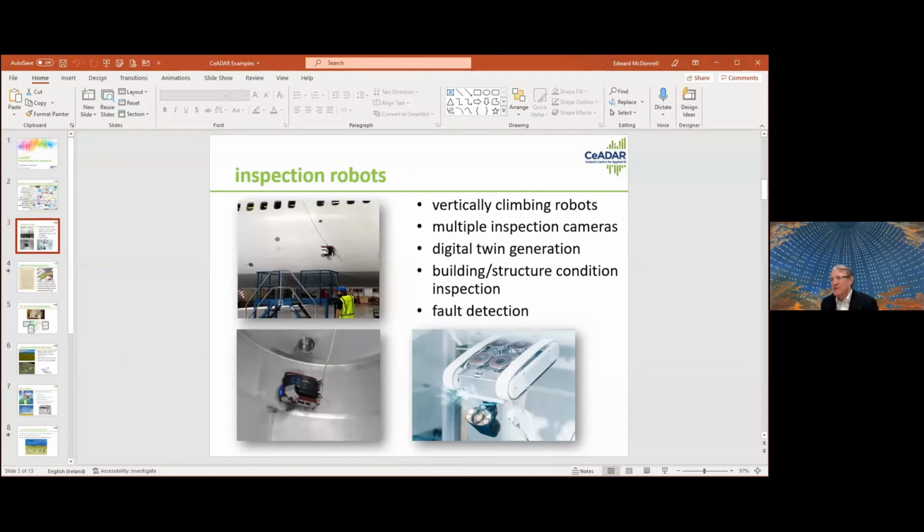Now, it could be a fuselage of an aircraft. It could be a huge grain silo, like the ones that we were working on too. And what it does with the camera, it's able to form a complete digital representation of the object that it's coursing over.